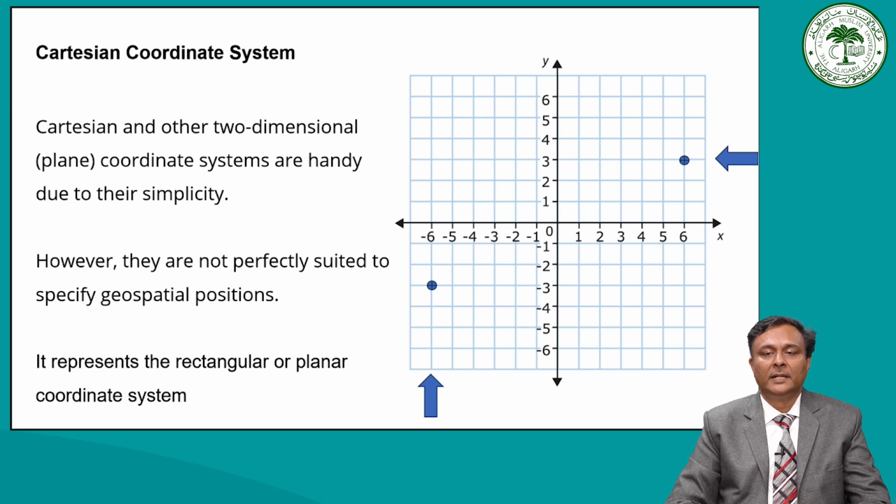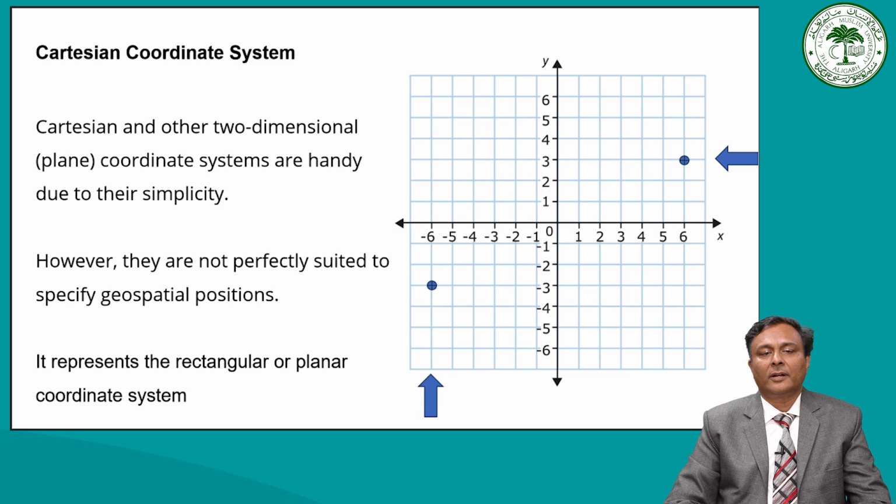In this diagram, the coordinates of the upper right hand corner of the grid, which is put as a dot, can be read as 6 on the x-axis and 3 on the y-axis. Similarly, the lower left hand corner represents -6 on the x-axis and -3 on the y-axis.